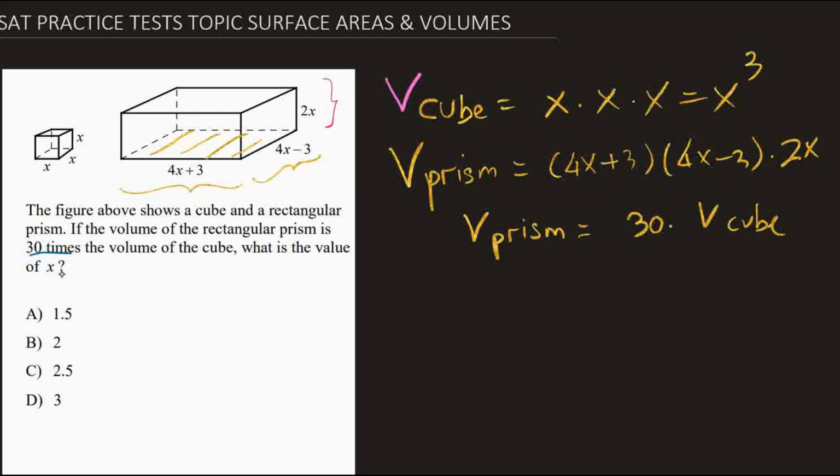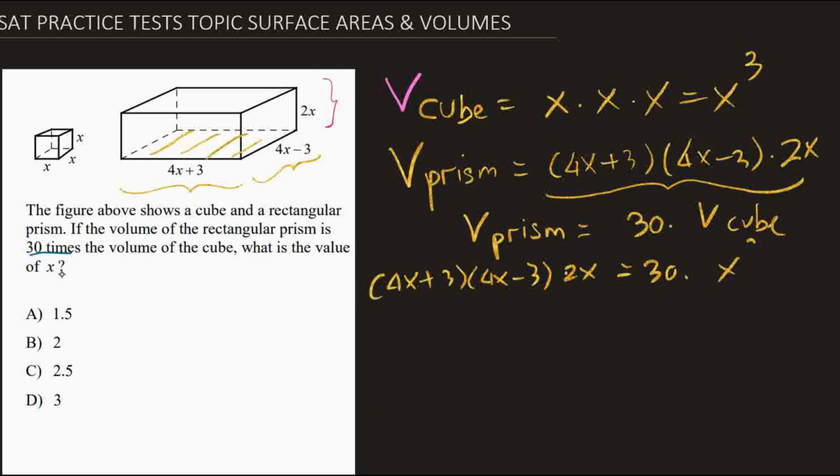So we put everything here. 4x plus 3, 4x minus 3, 2x equals 30 times x cubed. Now we have to solve this equation to find the value of x.